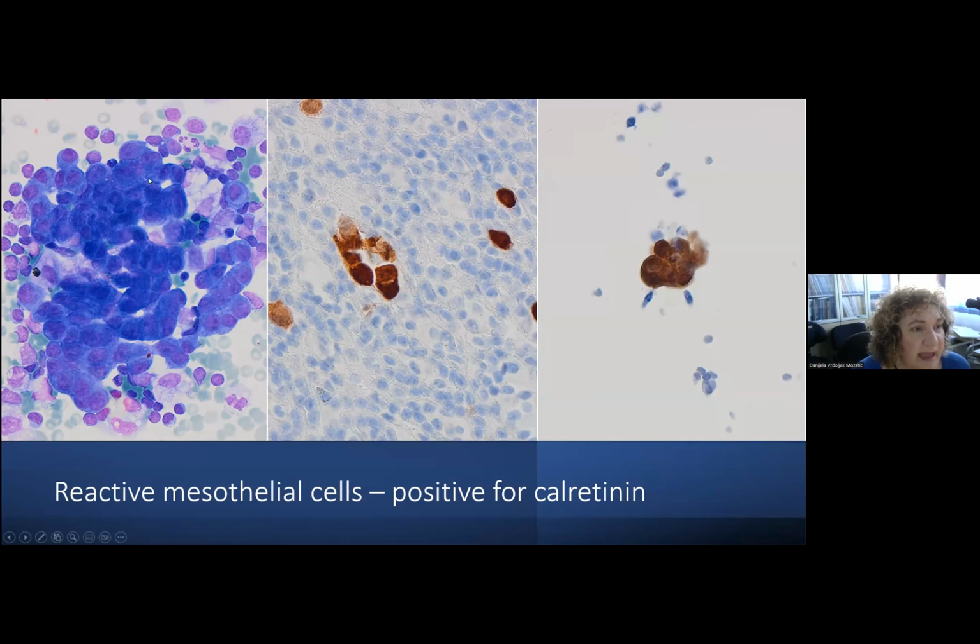So we can be a little bit worried when we see a cluster like this, almost looks like a papillary cluster, but we can use some immunostains to prove the phenotype of this cell. So this is on a cell block, calretinin staining, which is positive, and also this is the staining of calretinin in cytospins in cytology, so it looks the same.